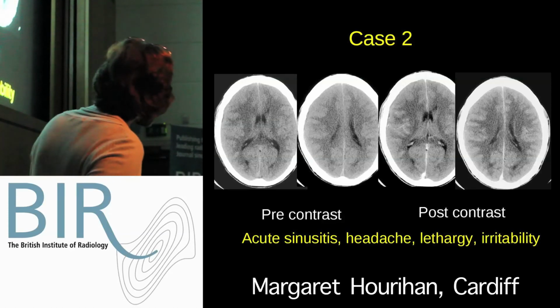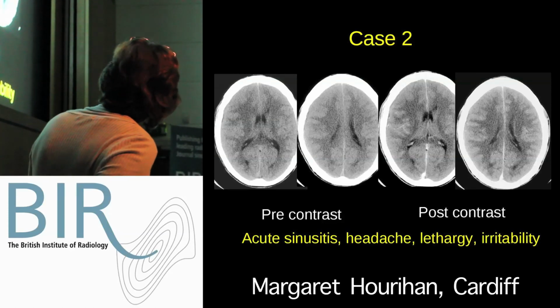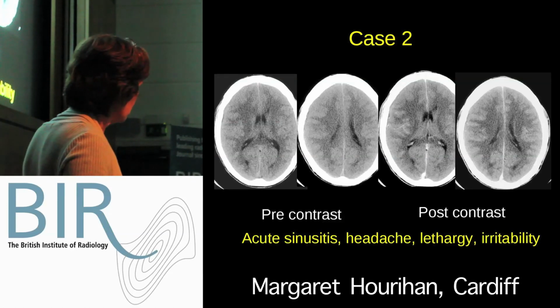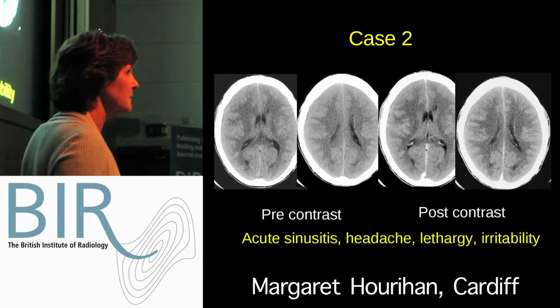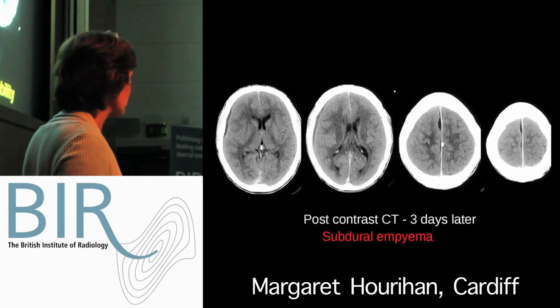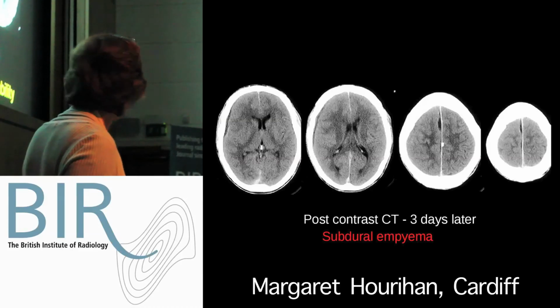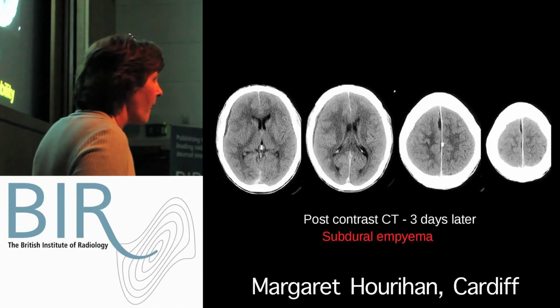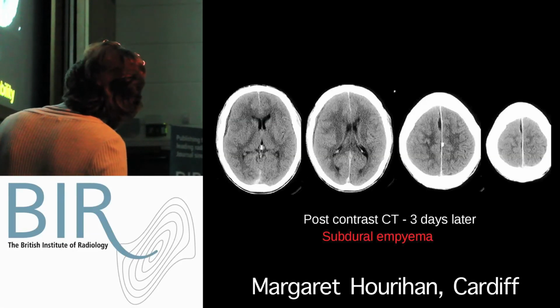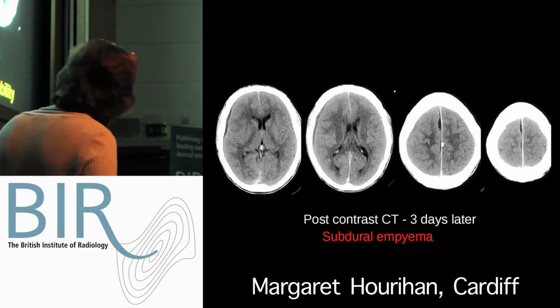Okay, case 2 was the person with acute sinusitis, headache and lethargy. Got pre and post contrast scans. So now you know what the diagnosis is without me looking at the pictures really, because of what I just said before. Can you appreciate the very shallow subdural hematoma on the surface of the hemisphere there?